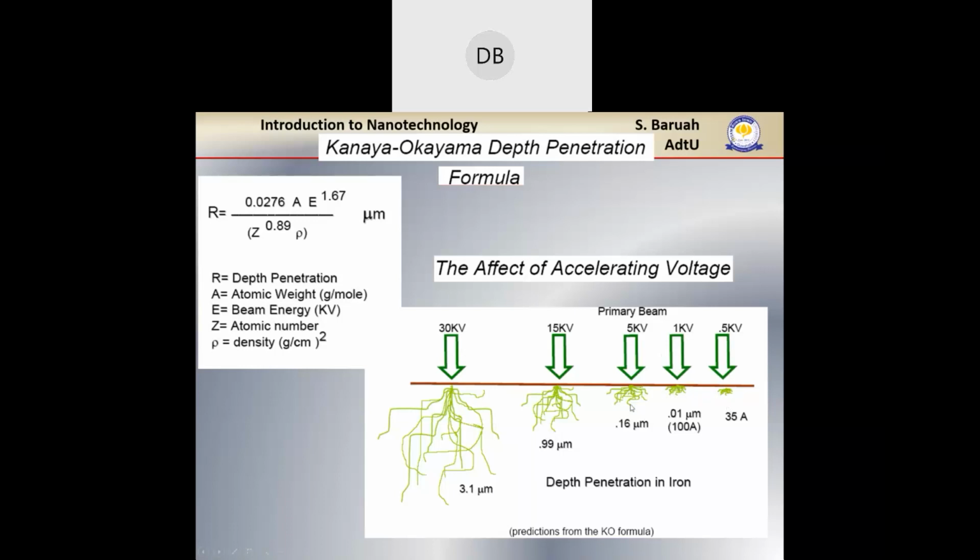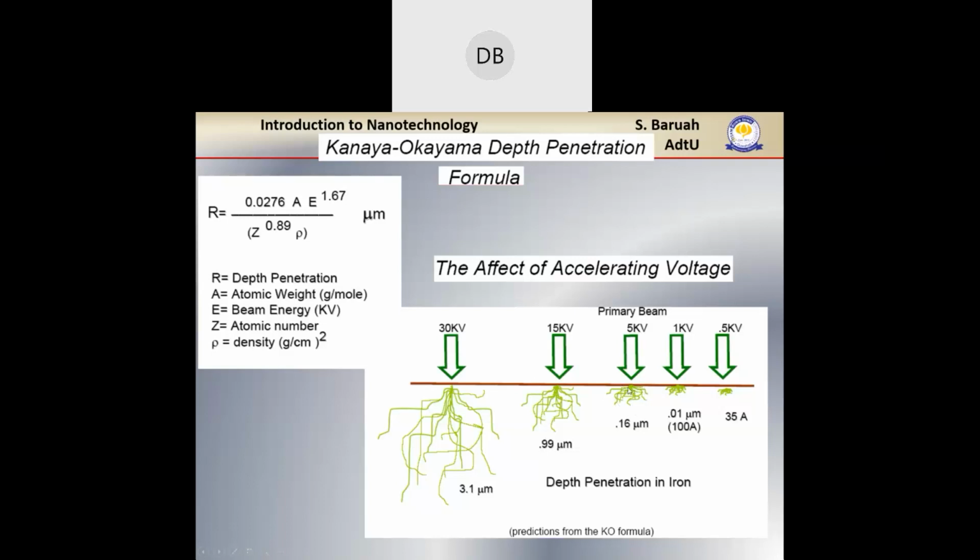It is very, very unpredictable. You cannot say this particular electron X will go and stop here. It may not. It may stop here, it may stop anywhere. But you can roughly estimate the volume inside the sample where the electrons will be. Most, about 95% of the electrons, will be within this area.